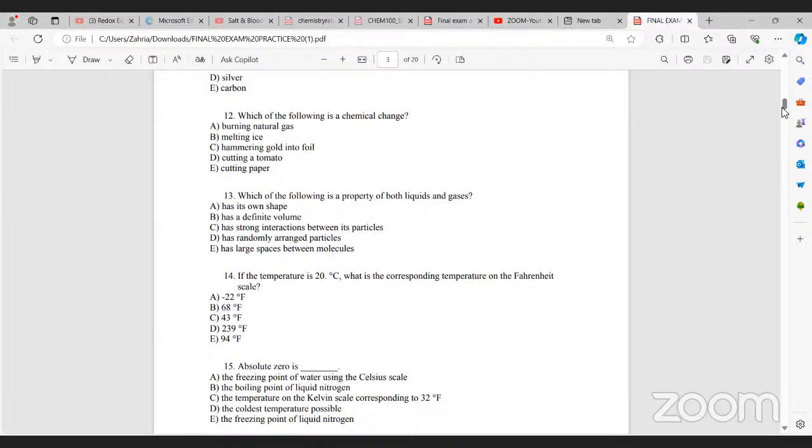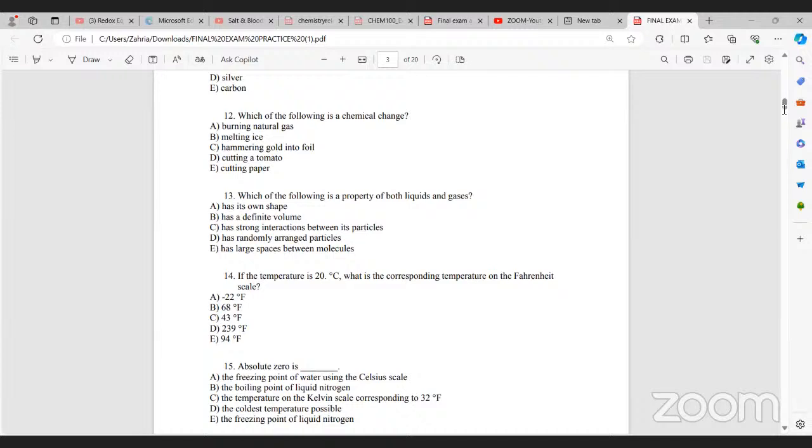Melting ice, it can go back, we can freeze it. Hammering gold into foil, we can ball it up. Cutting a tomato, we can just piece it back together. Cutting paper, we can just glue it back together. But burning natural gas cannot go back to its original state. So yes, 12 is A. Very good for those of you guys that put letter A. Very good. Hey, Giselle.